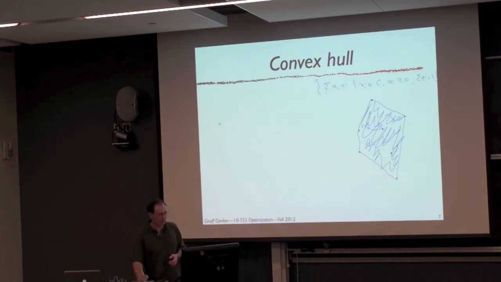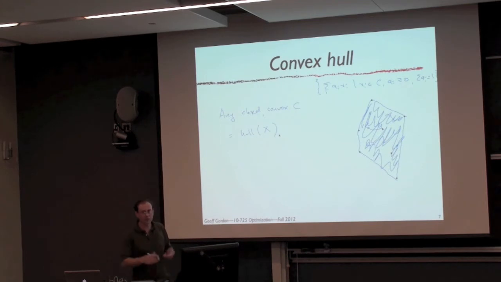And it turns out that any closed convex set C is equal to the convex hull of some points x. So I can take a set of points x, and C will be equal to the convex hull.